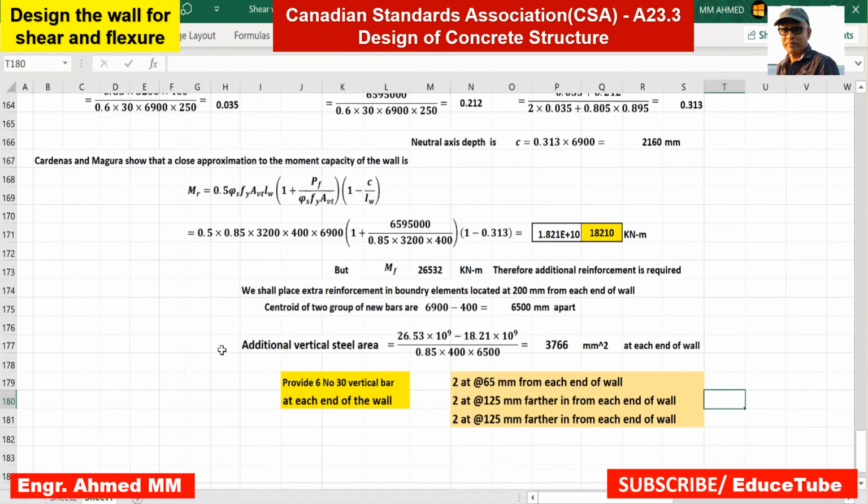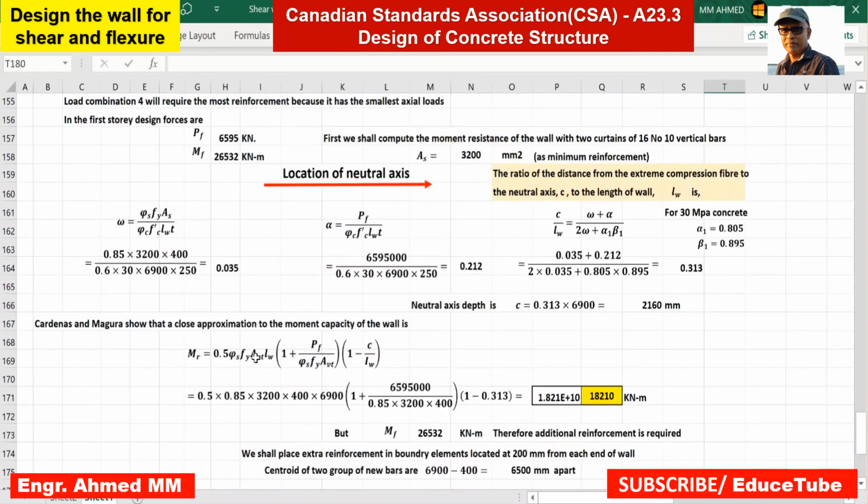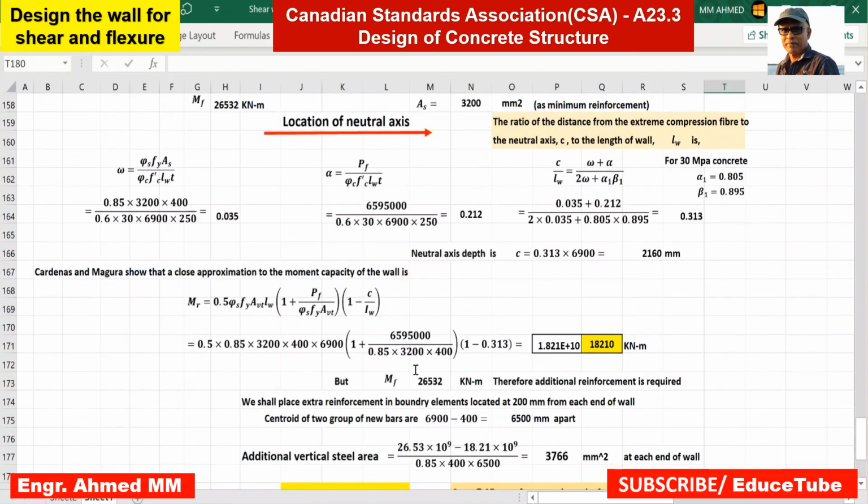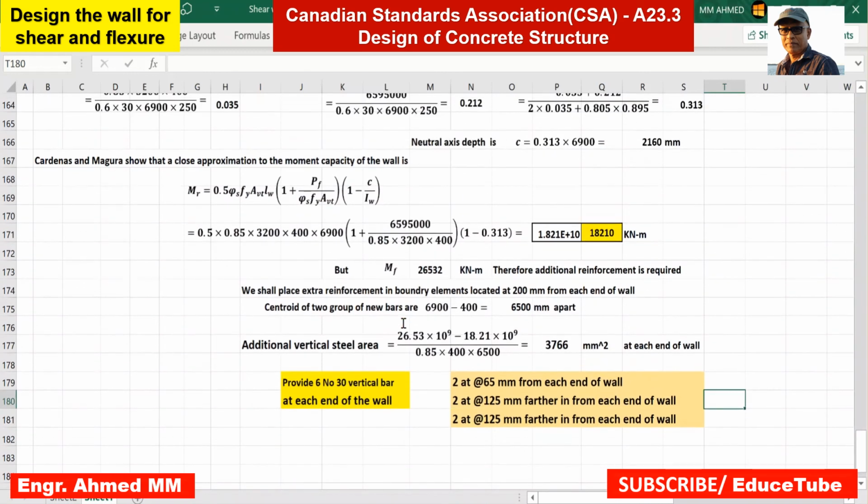I think we are done with designing the wall for flexure. I think that's all for the shear wall designing.